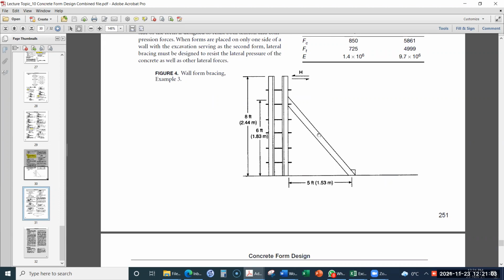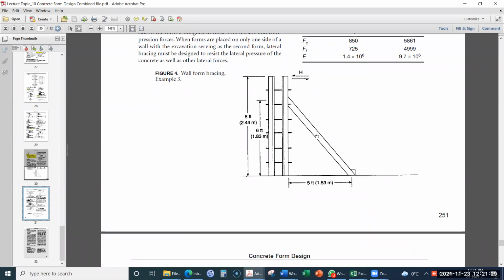So therefore, we should provide a lateral support to these struts. That means there will be one strut over here, and at some distance perpendicular to the plane of this screen, there will be another strut over here. Those two struts will be joined with the lateral support as well. So there will be one strut, another strut, and then there will be a lateral support as well.